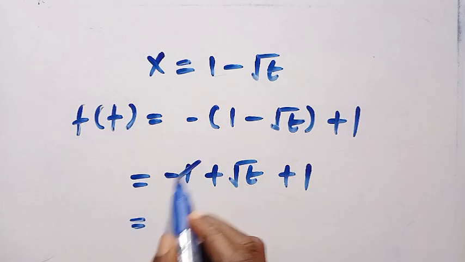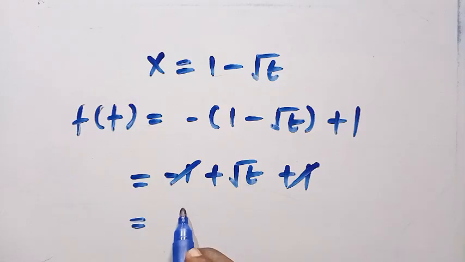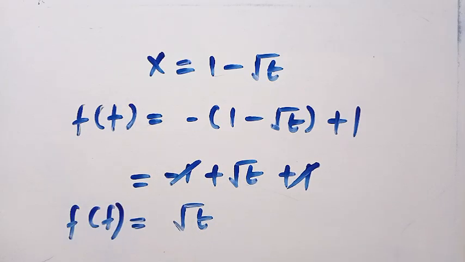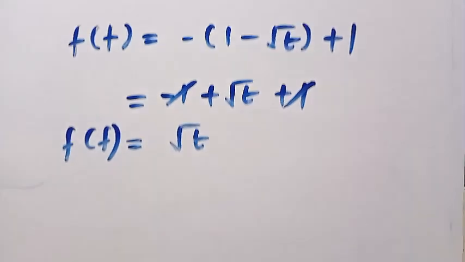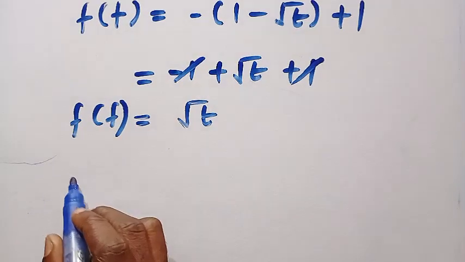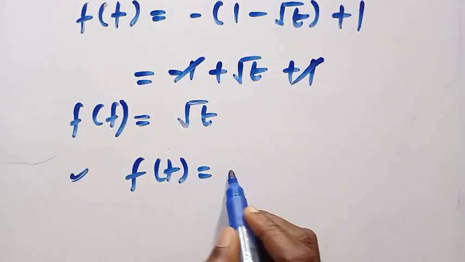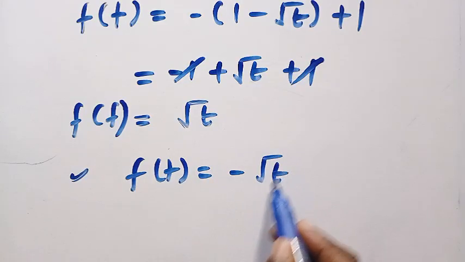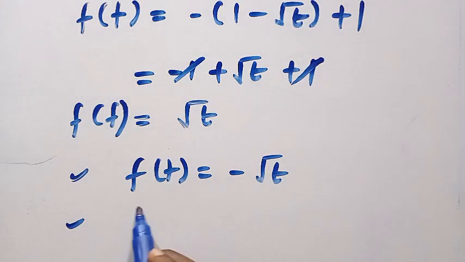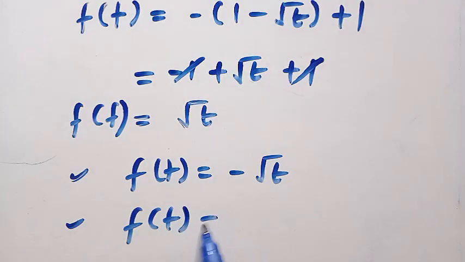And here minus 1 plus 1 cancelled, so we have only root t for f of t. So we try to bring this together. The first one is f of t equals minus root t, and the second one is f of t equals plus root t.